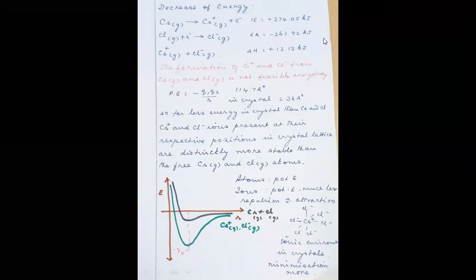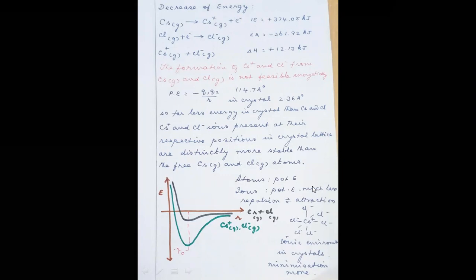So what we ultimately understand from this discussion is that potential energy minimization is observed when the bond is formed. During bond formation, there is minimization of potential energy. When the atoms or ions are separated by a long distance, the potential energy is high.